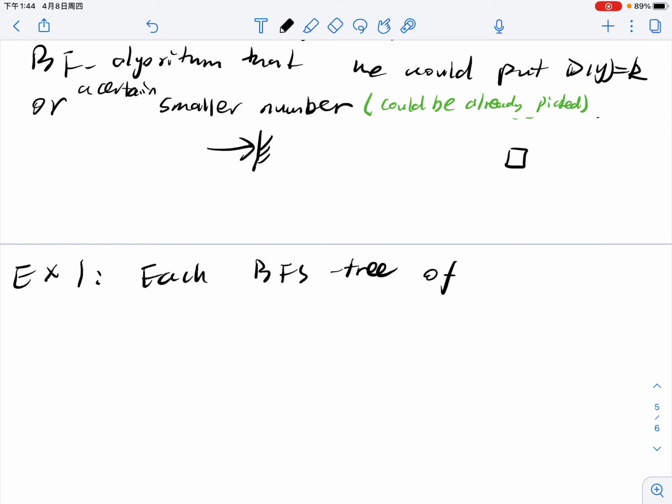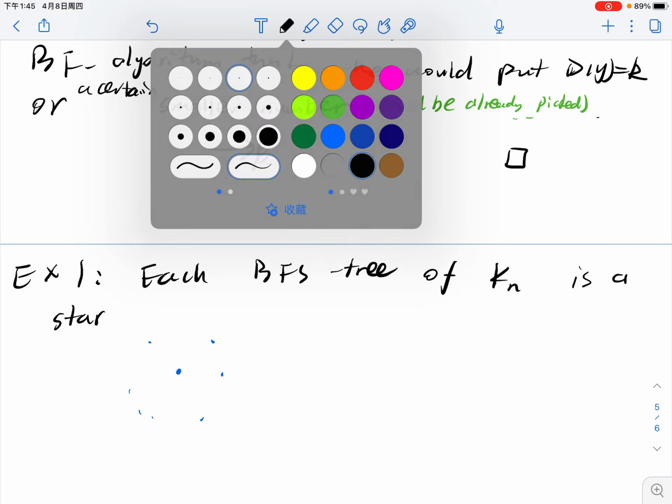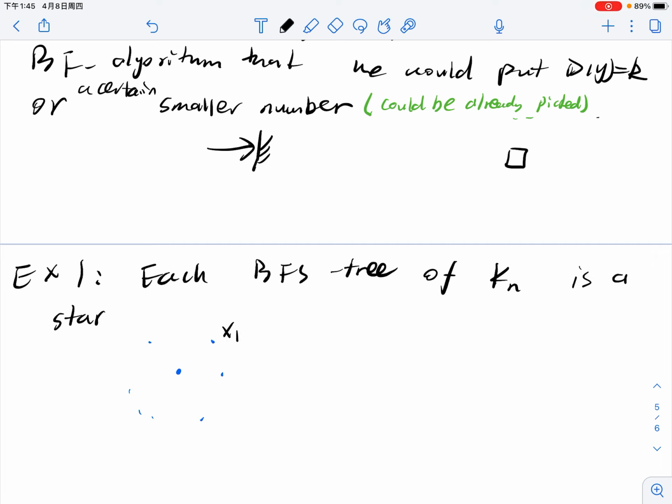So each BFS tree of the complete graph Kn is a star. You have x1, x2, so here's x0, and x_{n-1}.